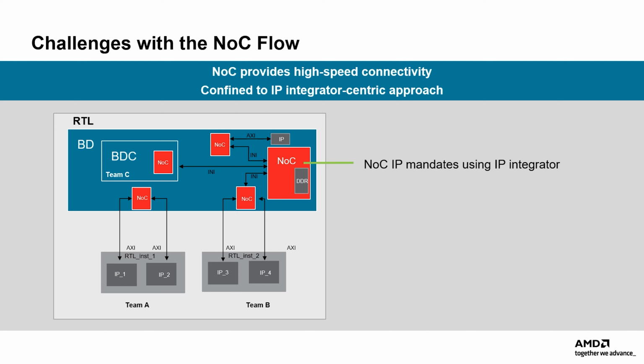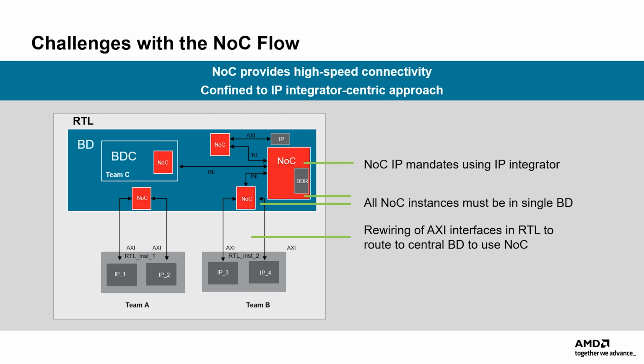Also, the entire NoC from a design must be contained in a single BD, allowing only a single level of hierarchy. If designers have pre-existing AXI interfaces, then those interfaces must be rewritten in RTL so that they can route to the central BD, which increases complexity and the potential for errors.